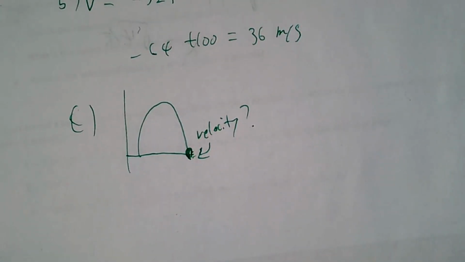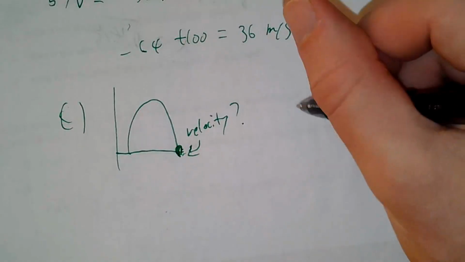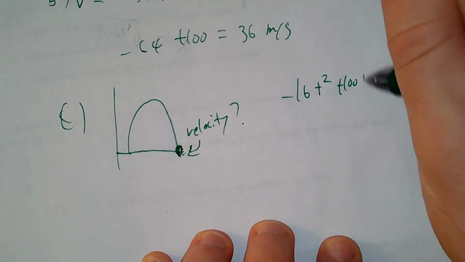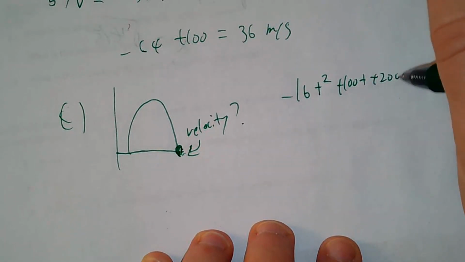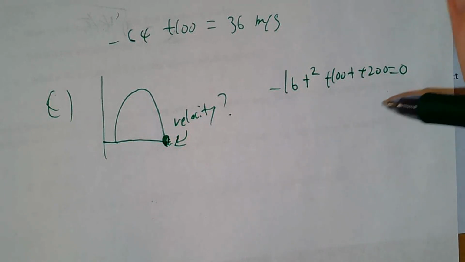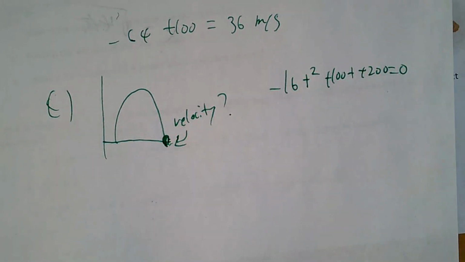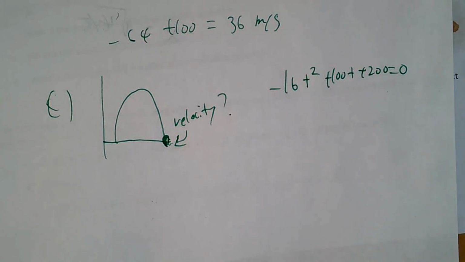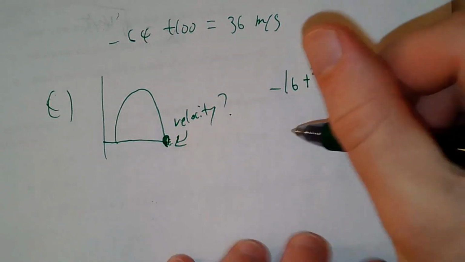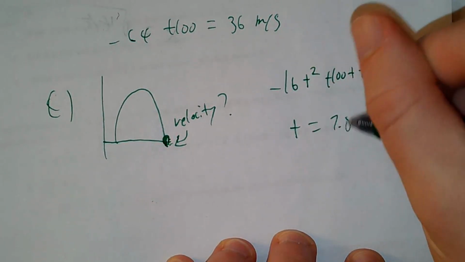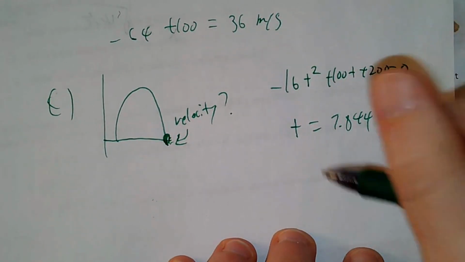So what we're going to do is set the original equal to 0, right? So we're going to have negative 16t squared plus 100t plus 200 equals 0. And you can use whatever method you want. Quadratic formula works here. Graphing works here. But that value ends up being t equals 7.844. That's the time.